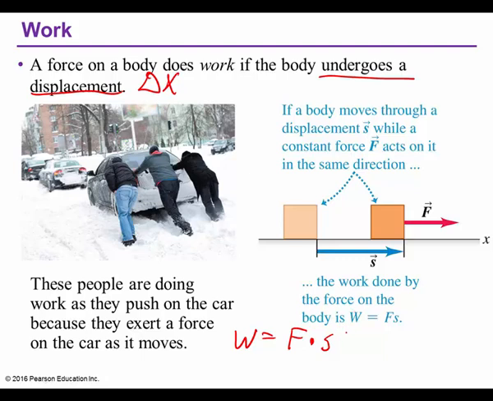Now, why do they use S? S is displacement. Why do they use S? Well, work is actually a scalar quantity. Okay? So work is, you better remember that, a scalar quantity. All right? In other words, it's the dot product. It's the dot product of the force times this displacement.